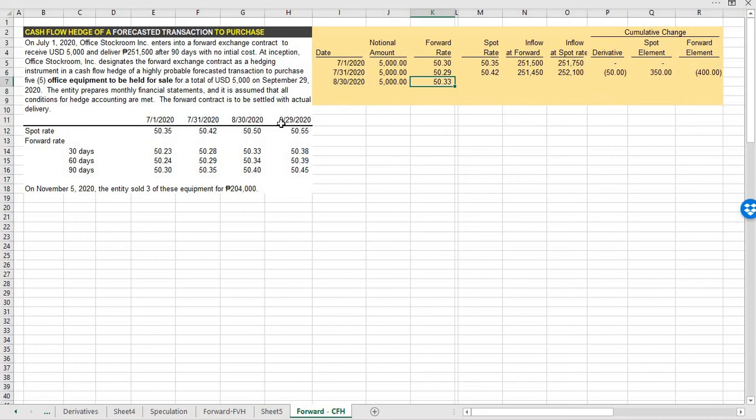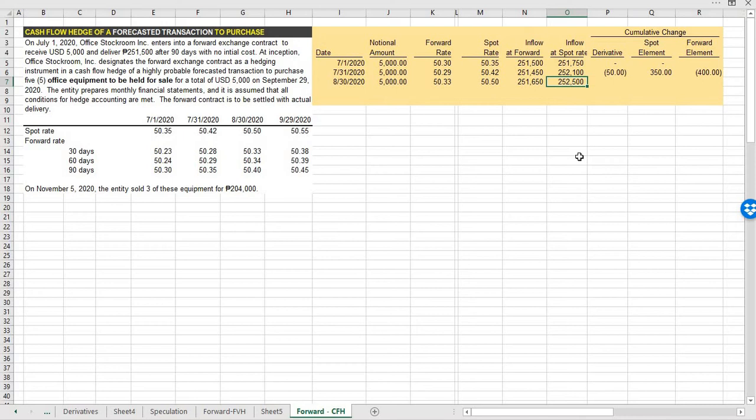September 29, 2020. That is the settlement date. Then, the spot rate is 50.50 pesos. So, ngayon, i-multiply na natin itong dalawang rates na to sa ating notional amount. So, yung inflow natin based on forward rate is 251,650 at yung naka-base naman sa spot rate is 252,500.